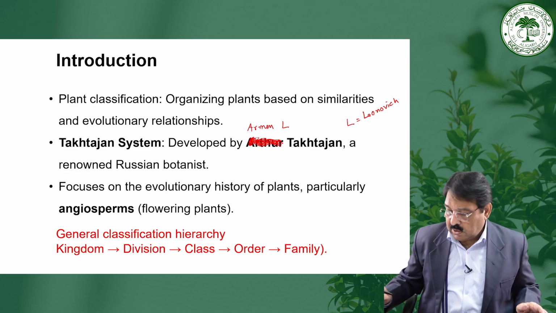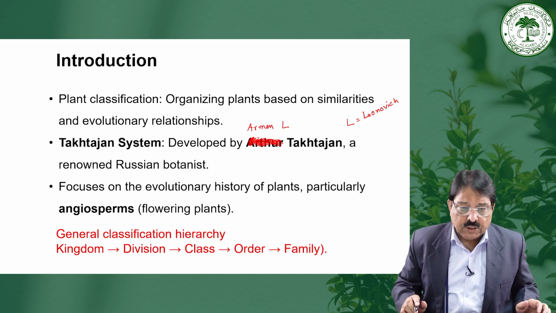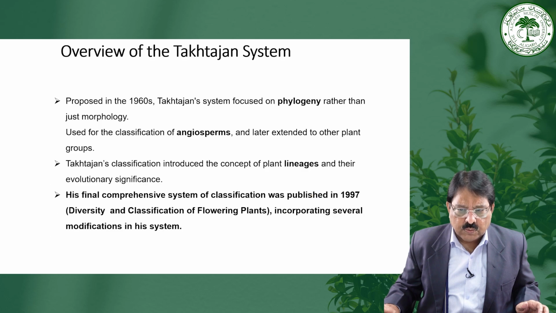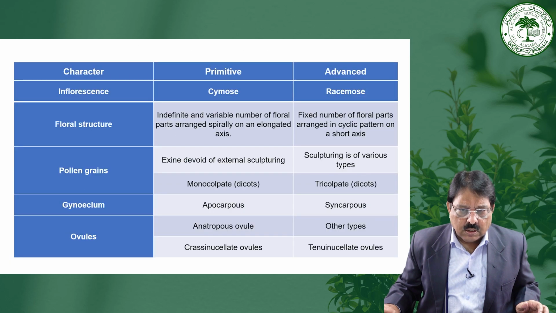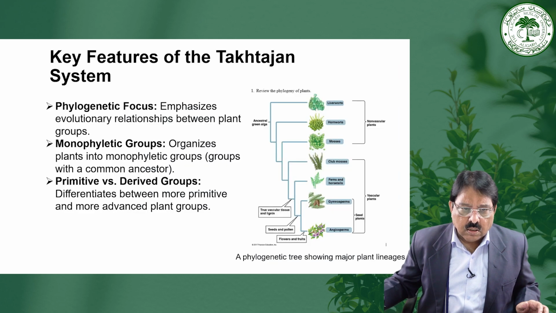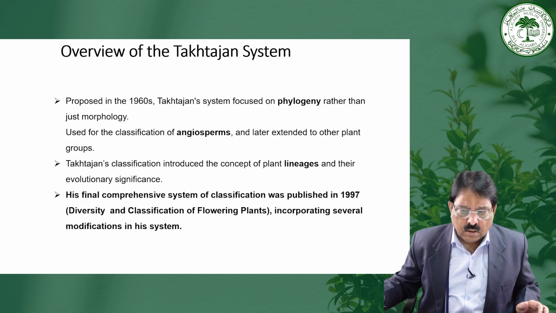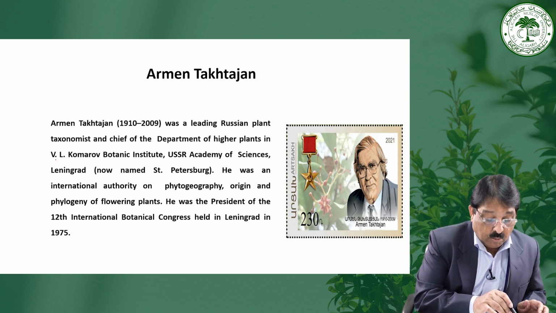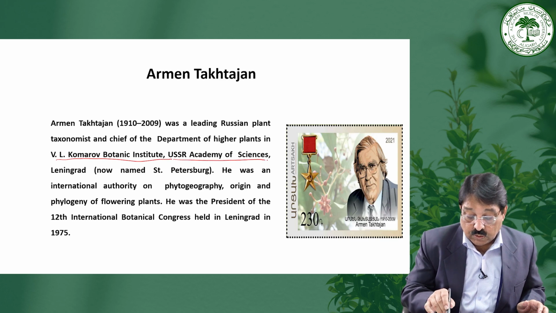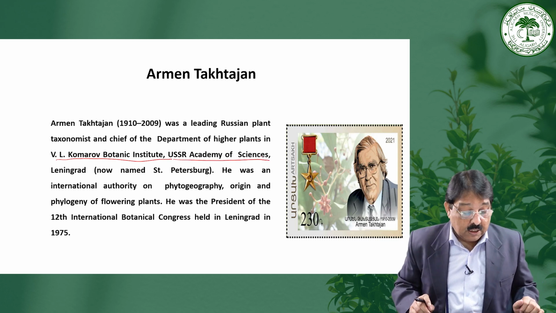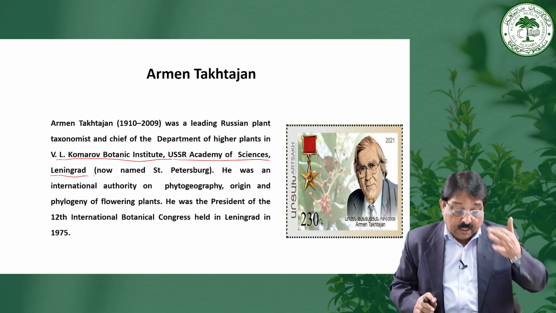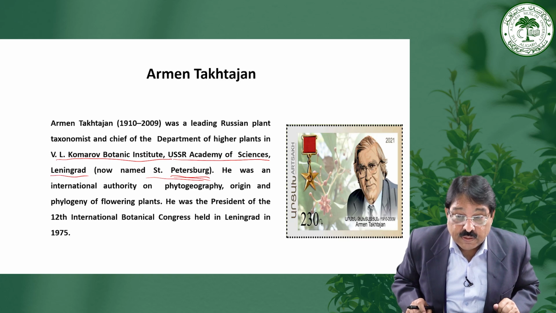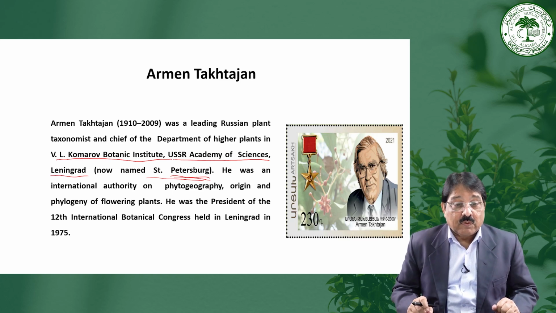He worked at the Komarov Botanical Institute, which was in the USSR Academy of Sciences, Leningrad. Nowadays it is called Pittsburgh. He classified the plants on the basis of their similarities and phylogenetic trends.